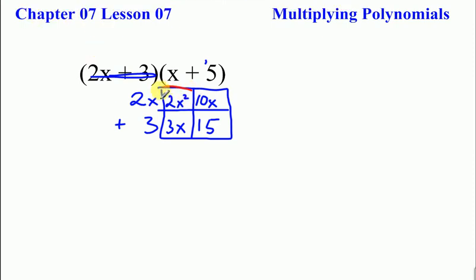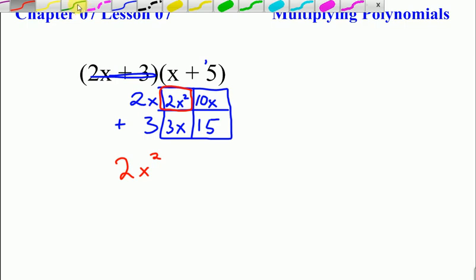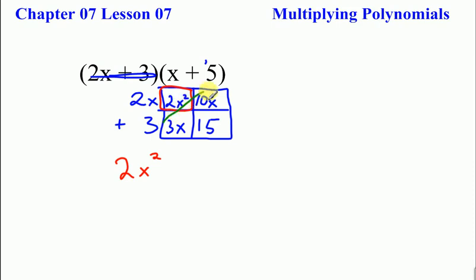Okay, well the top left one is always going to be by itself. That's my greatest exponent, as long as they were in order when I wrote them first. So now I get 2x squared. Next, diagonally, as long as these are in descending order, x to the first, x to the 0, then diagonally I will find like terms. 10x plus 3x gives me 13x.